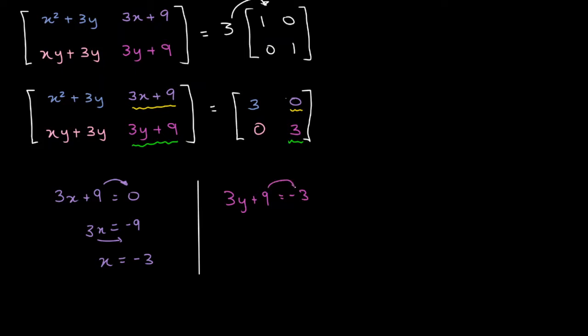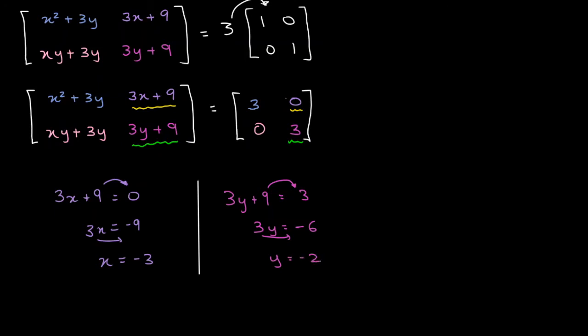Once again, take the 9 to the other side. So plus 9 becomes minus 9, and 3y will be equal to 3 minus 9, which gives me minus 6. 3 over here, take it to the other side, division. So y is equal to minus 6 upon 3, which is minus 2.